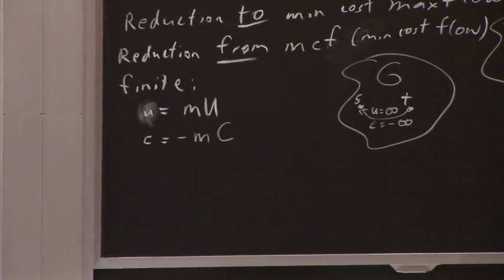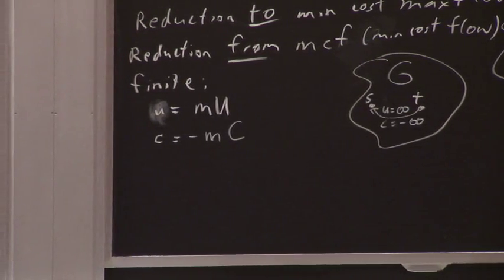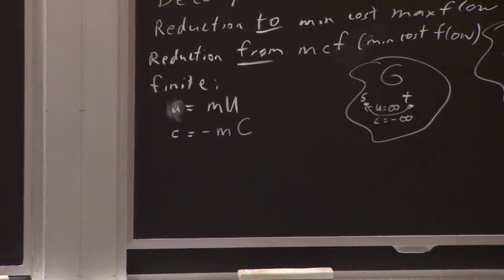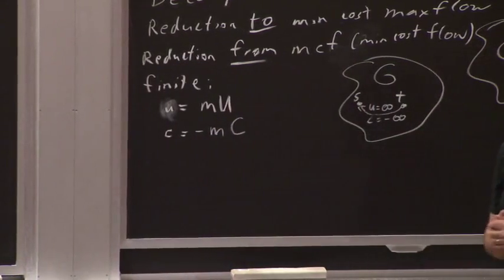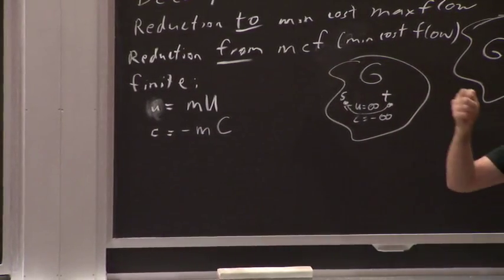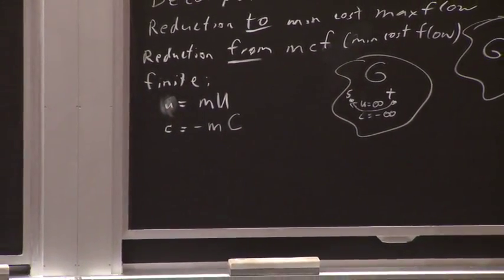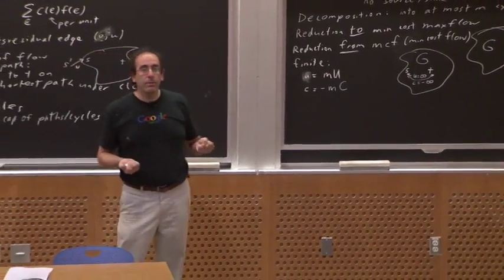Let's think through that. Yes? Should it be minus n times the sum of all the costs, so that you guarantee any path that you take from S to T is guaranteed to cover that cost? Good. Well, so let's start with the argument and get to the quantity, right? So what's the argument for why there is some finite number that's going to work?